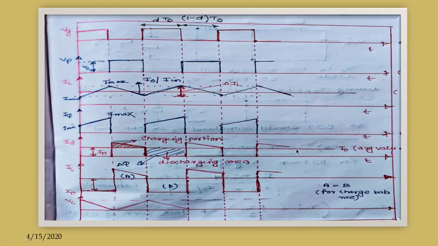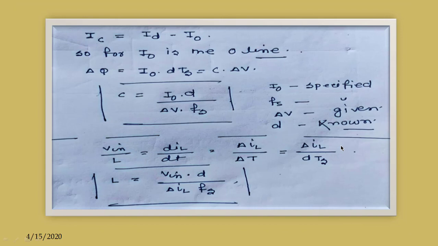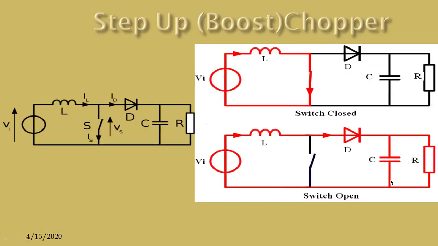Now in case of inductor current, we have mentioned the average was source current or input current, but in case of diode current, it is the I0, I0 is the average current, because if we see the circuit diagram, in this condition this current is the average current, because this ID current is divided into two parts. One is flowing through this capacitor, which is IC, and another is flowing through this output R0, that is I0.